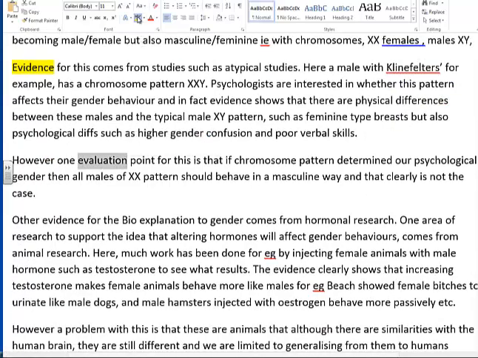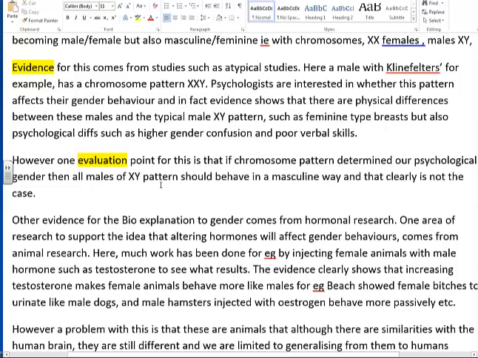And again, remember, we're trying to flag up to the examiner, signposts, whatever you want to call them, that you're now making an evaluative point. So make sure you practice that. So one evaluation point for this is if chromosome pattern determined our psychological gender, then all males of XY pattern should behave in a masculine way, and that's clearly not the case.